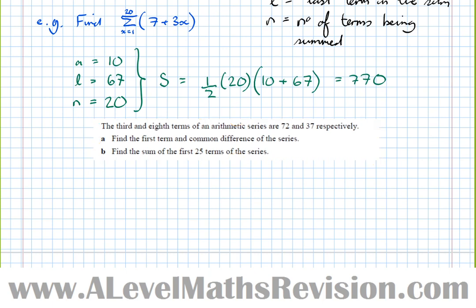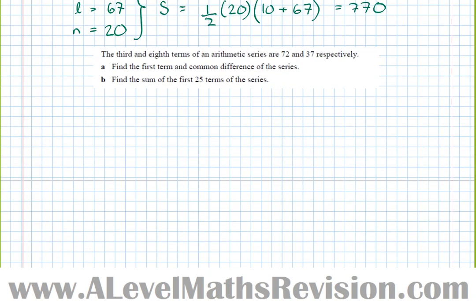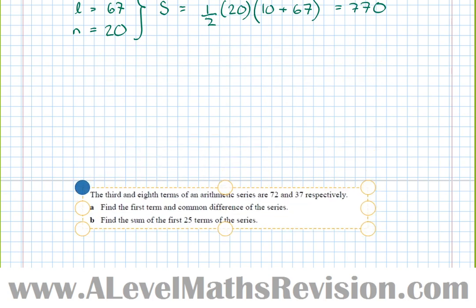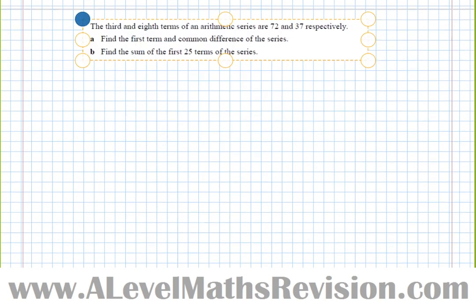The third and eighth terms of an arithmetic series are 72 and 37 respectively. Now, I think good technique for a question like this is to write down the information mathematically as you're given it in the question.